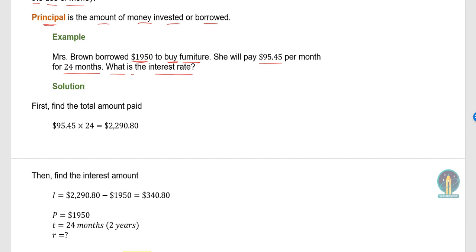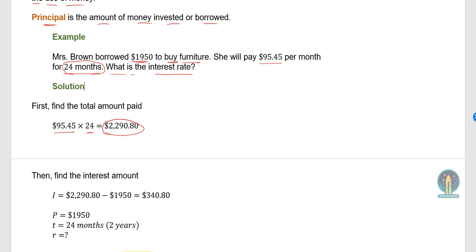So first we find the total amount paid over the entire term of the loan, which in this case is 24 months. If Mrs. Brown is going to be paying 95.45 for 24 months, she will have paid a total of $2,290.80 over the 24 months.